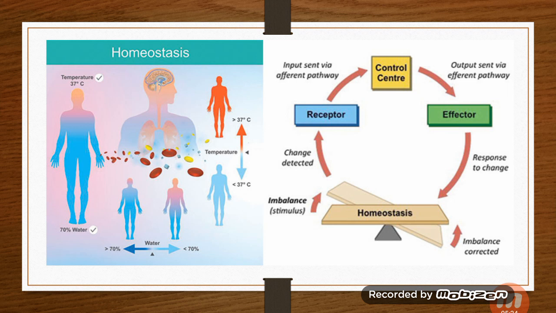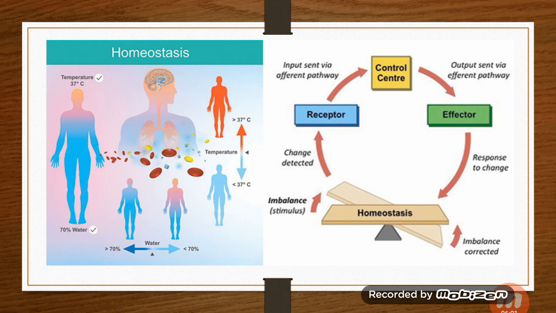I'm going to quote an example here. For example, if you touch a hot cup, you will retract your hand back immediately. The hotness of the cup was the stimulus felt by the skin of your hand. That was the sensor.